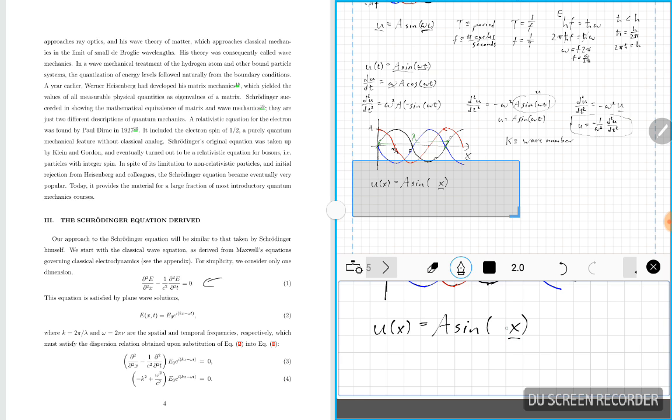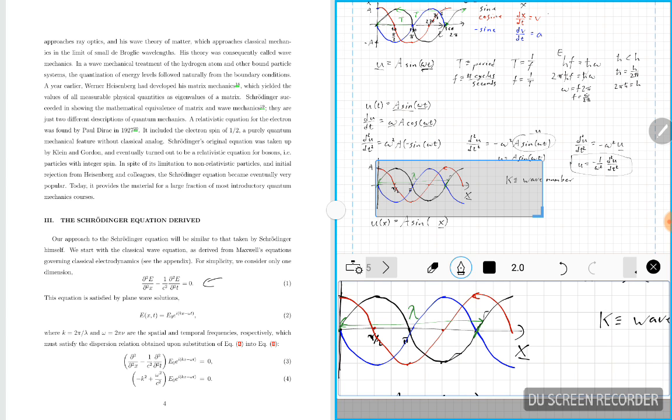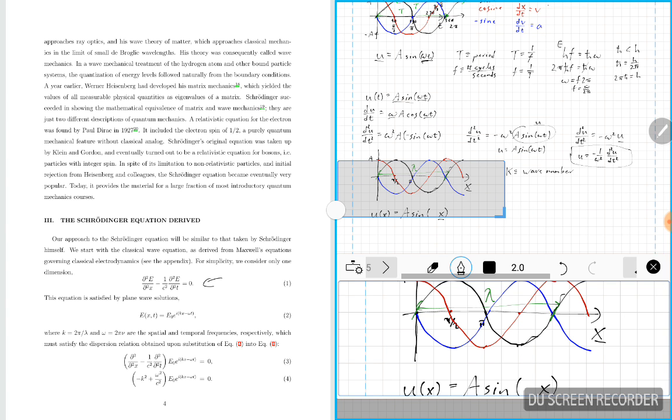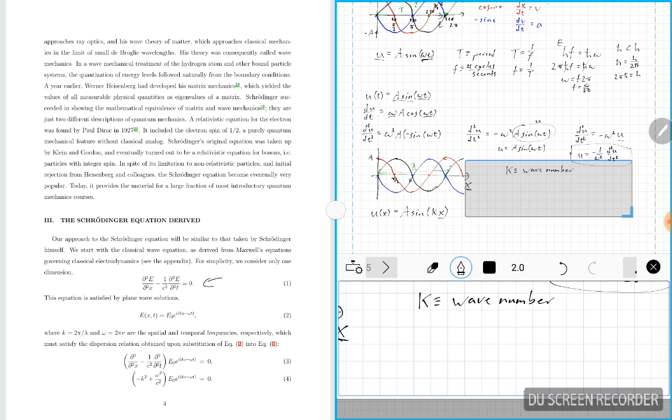Anything inside that sine wave has to show me what the periodicity of that sine wave is. It also has to have no units. So I can call that k, and that is going to have units of inverse meters. So if x is in meters, k is in inverse meters. So it will have units of inverse distance.